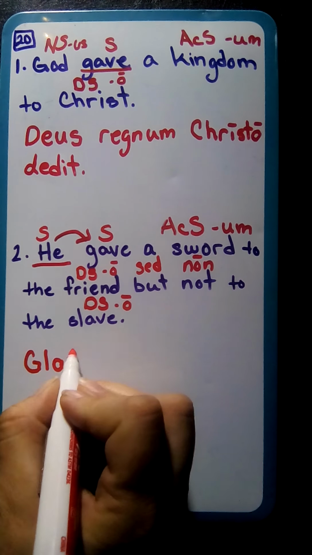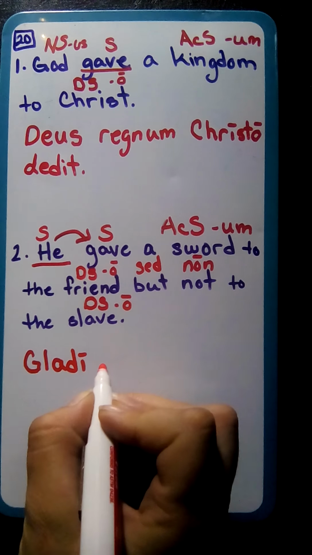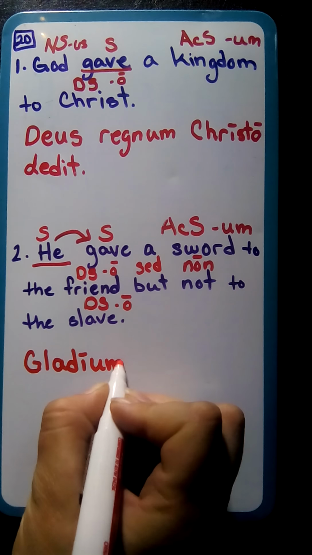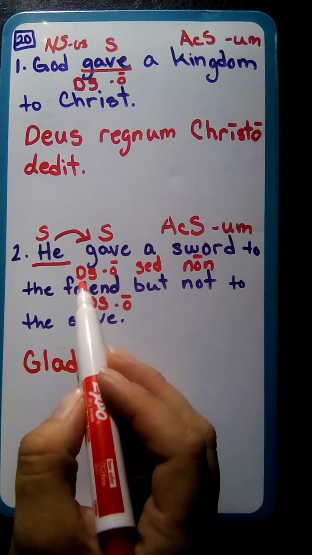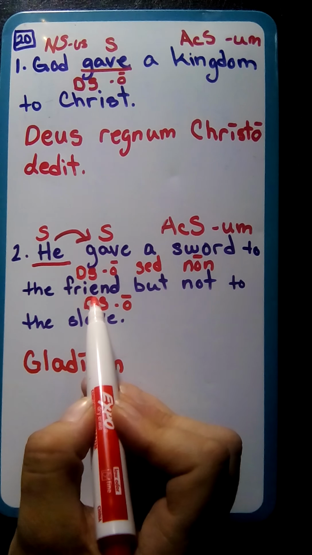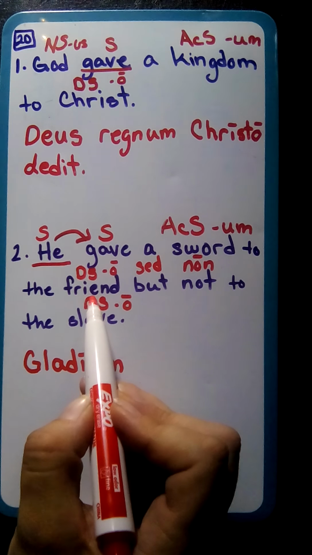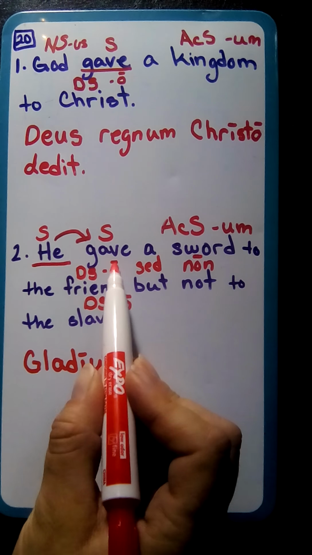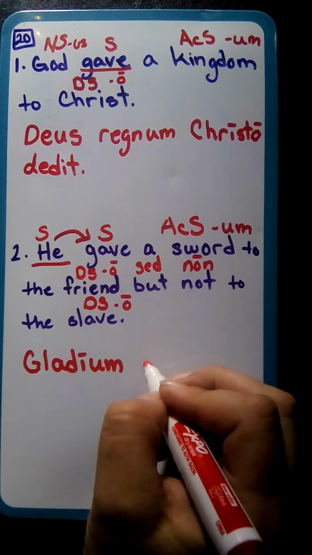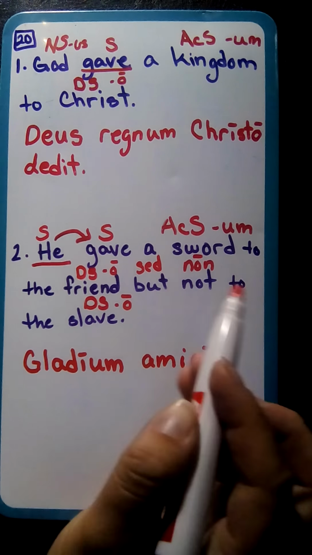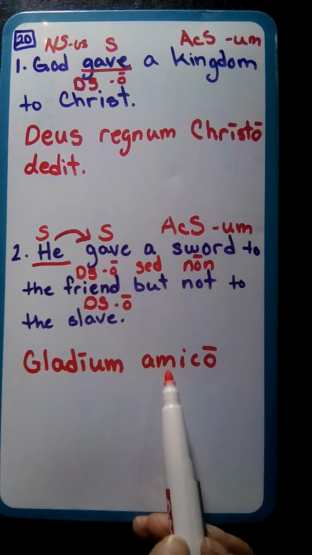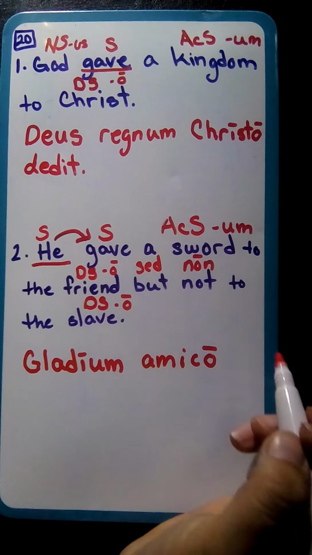So gladi. Going on to the next word, as we've skipped our verb. Next word is the friend. Friend being amico, because we're adding the O. A-M-I-C, long O.